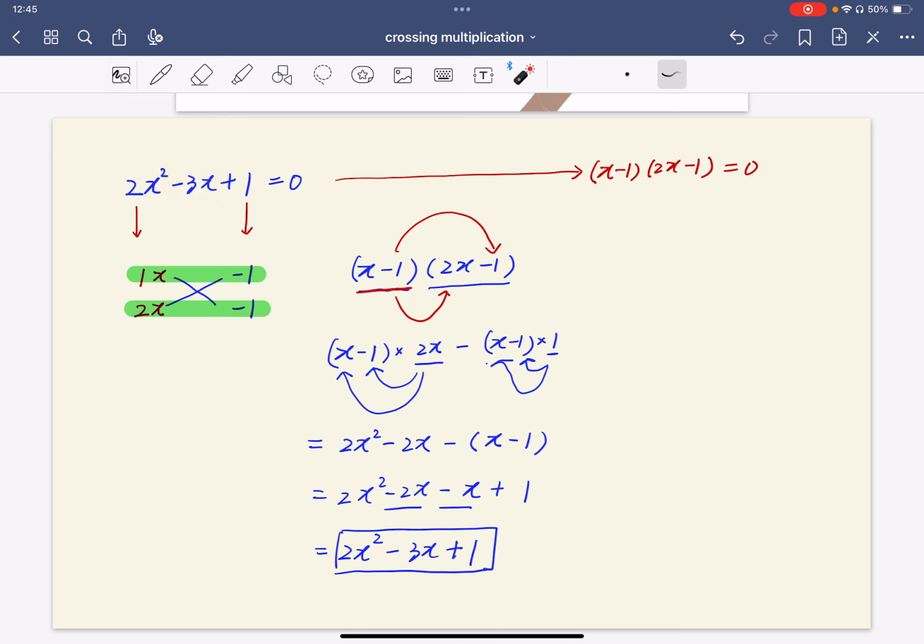But if we want to write out the factored form, we need to follow this combination and this combination horizontally, right? So x minus 1, 2x minus 1 equals 0.